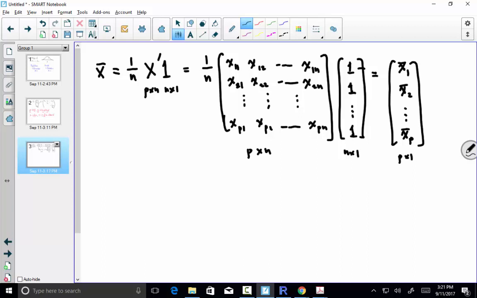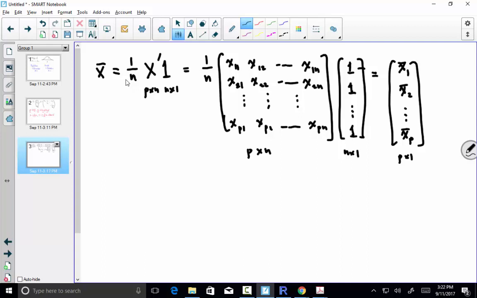X bar 1 is the sample average of variable 1. So all that to say, if you want the mean vector, instead of doing the brute force for loop that I mentioned, you can just do this matrix operation. You say 1 over n times transpose of capital X, matrix multiplied by an n vector of 1s.